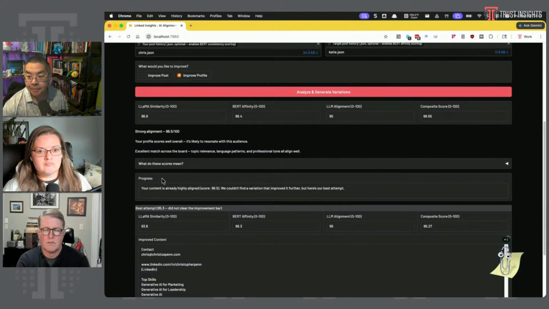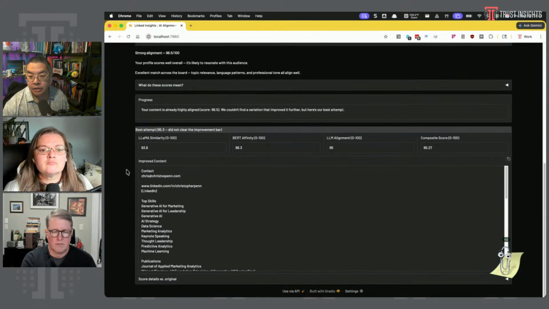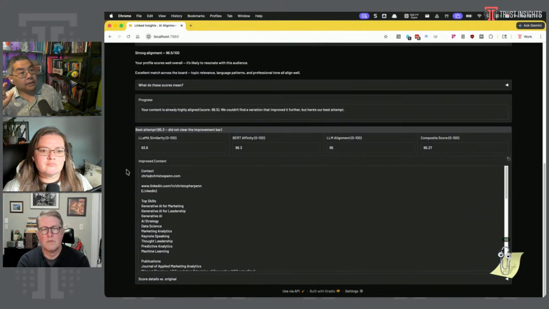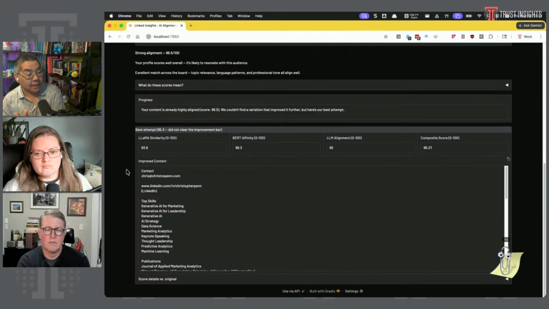And then it says, hey, I'm using the profile here. I'm just going to try to add and rewrite parts of my profile to get an even closer match. So if I wanted to specifically target a certain kind of buyer on LinkedIn, I would instead have, instead of Katie's profile, the CEO of Apple, Tim Cook.